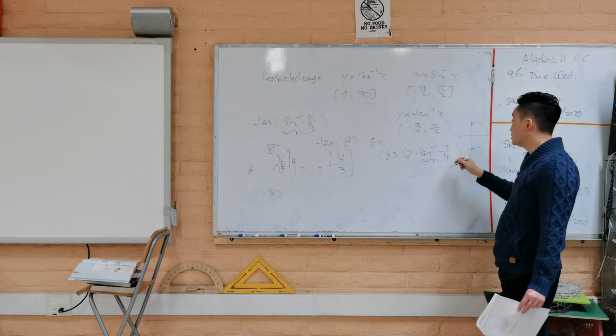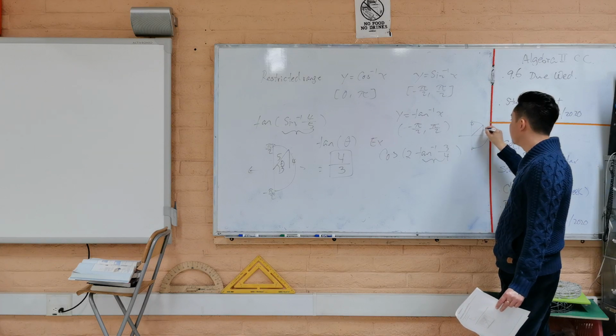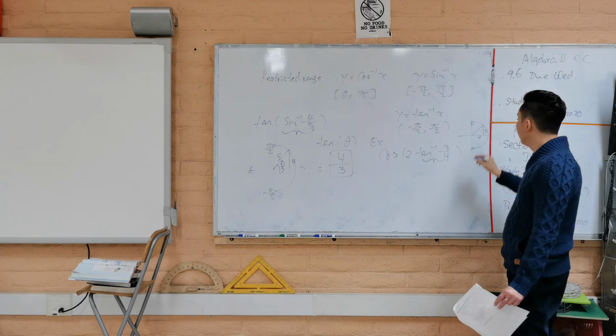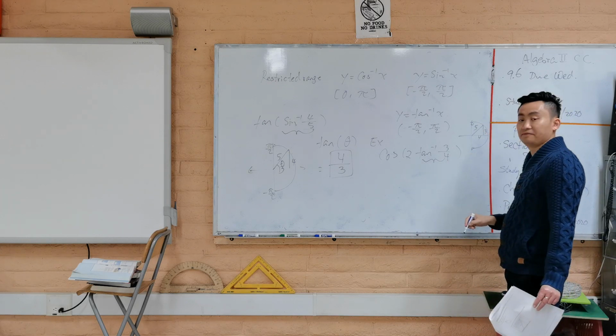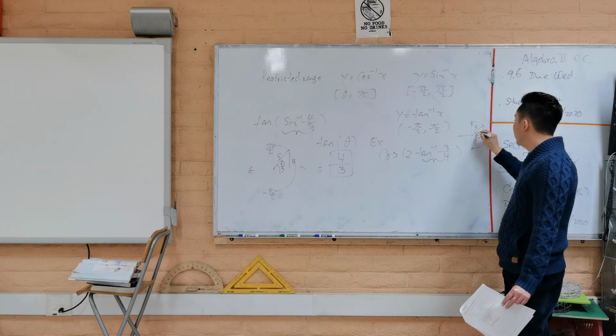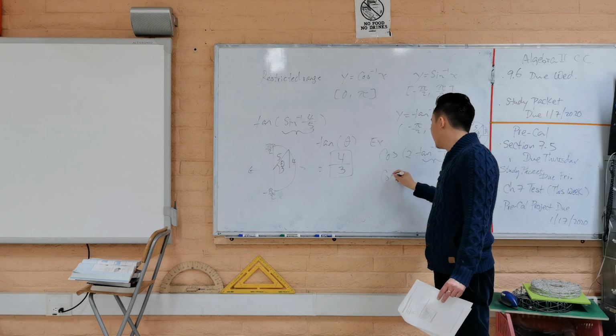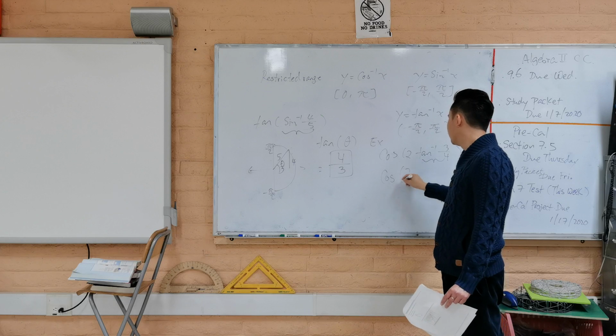And it's a positive ratio, so that means the triangle must be in quadrant 1. It's opposite over adjacent, so it's 3 over 4, and hypotenuse must be 5. Again, theta, do we need to find out exactly what that is? No, we don't. So now we end up with cosine of 2 theta.